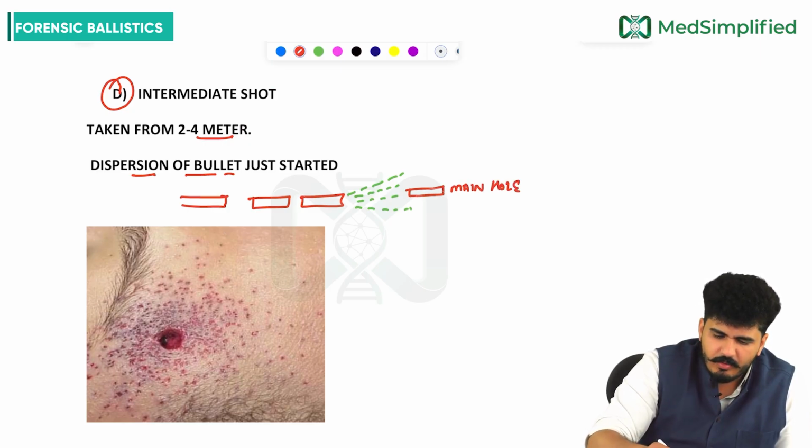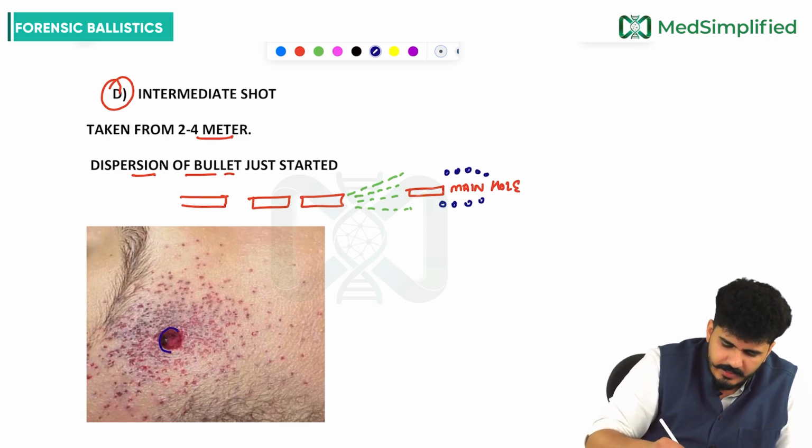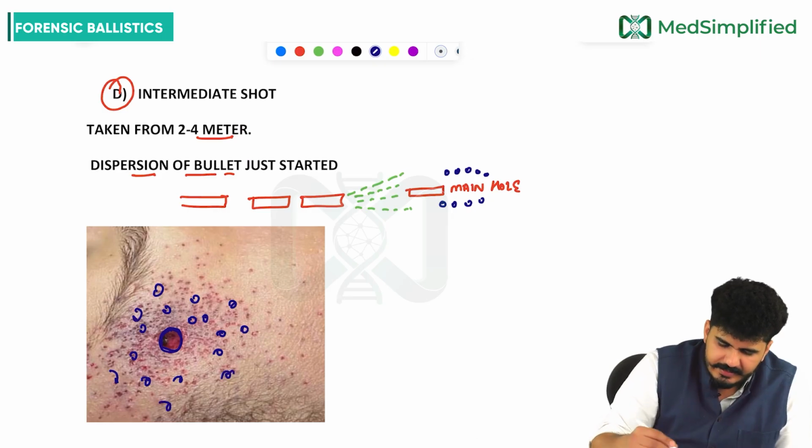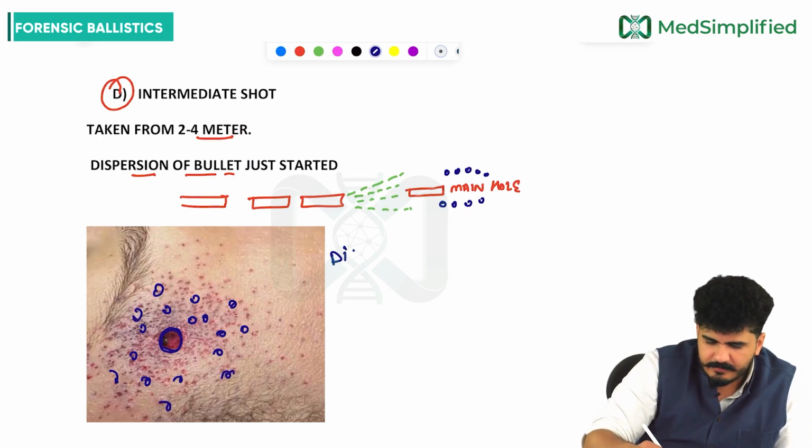Along with the main hole you will see small rat holes. Small rat holes will indicate that dispersion has just started.